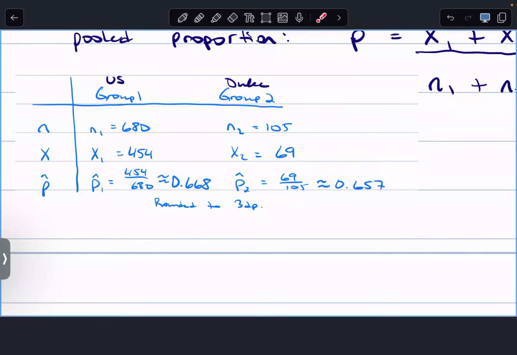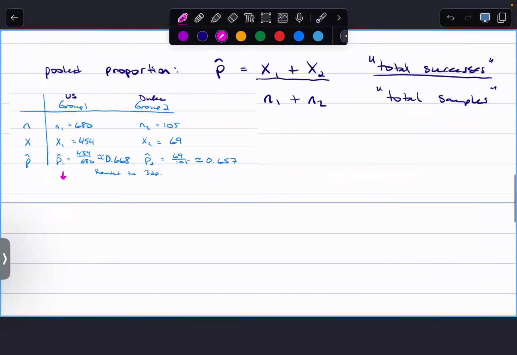But if you're working on paper, then it's nice to round some values. Note: do not use rounded values in Excel. You're going to want to reference those cells so you can keep all the decimal places.